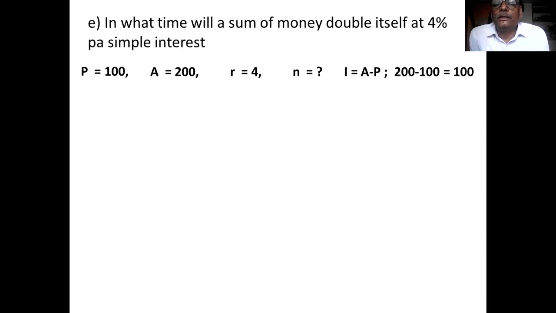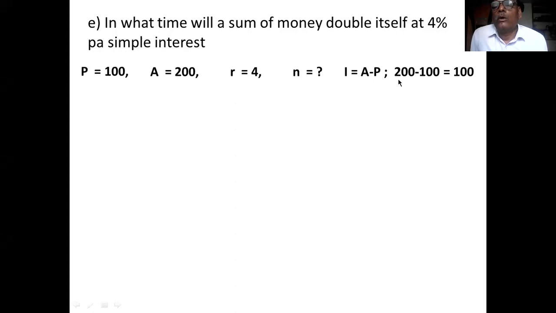Suppose principal is 100, that becomes 3 times. Sum becomes 3 times. Triple. What is the amount? 3 times means 100 rupees becomes 300. So first you take base principal as 100 and come to the amount.